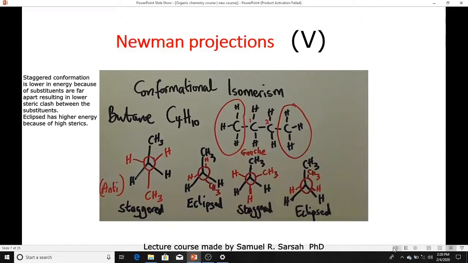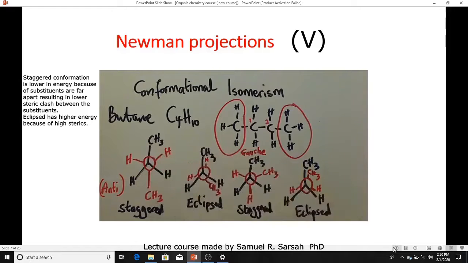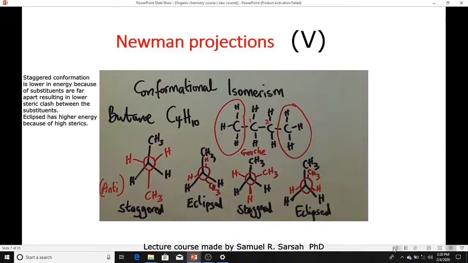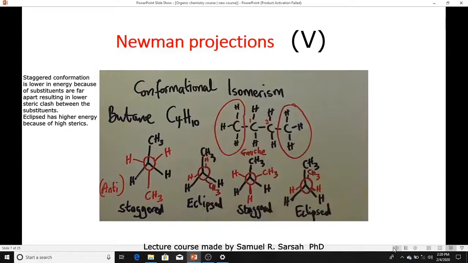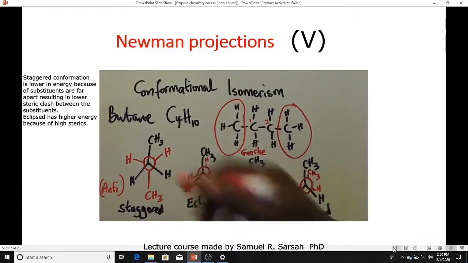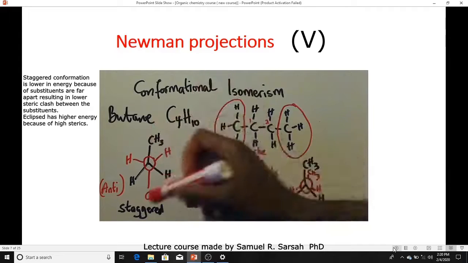But this anti is the lowest because the bulky groups are 180 degrees away from each other, so there are the least or no steric interactions between the bulky groups.